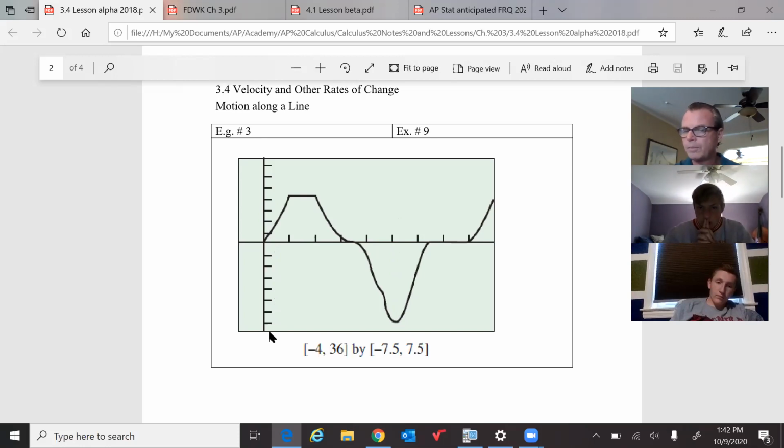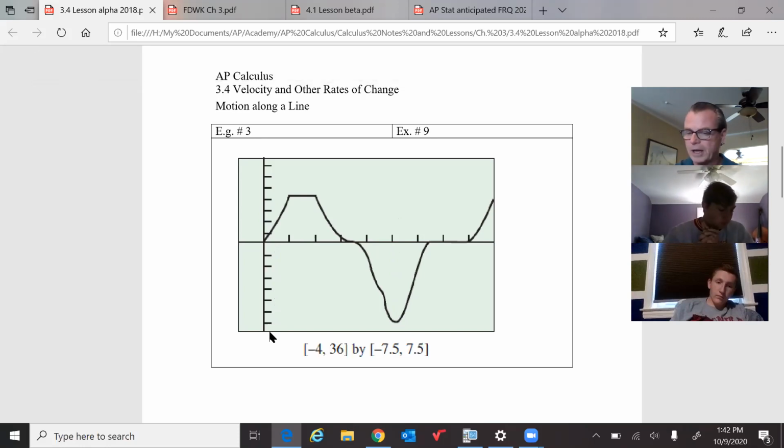So in your book, number 9, there's another picture, and you're going to answer the questions for number 9, which is just this same thing with a different graph. Okay?